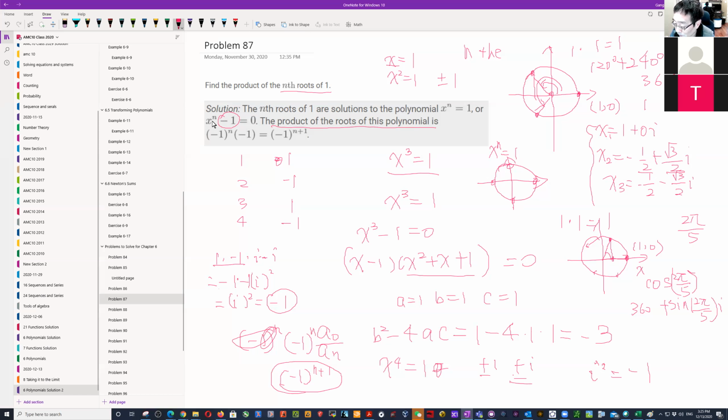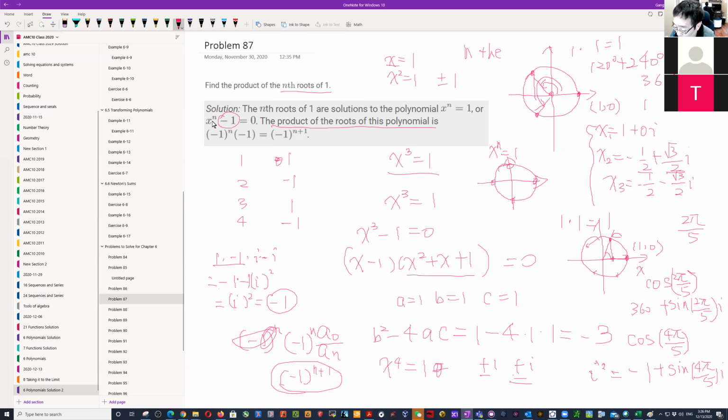This is the first non-real root. Then the second, you can write out as cosine 4 pi over 5 plus sine 4 pi over 5 i.